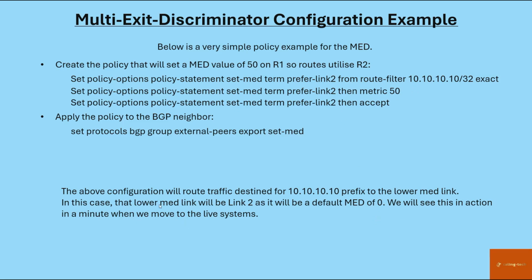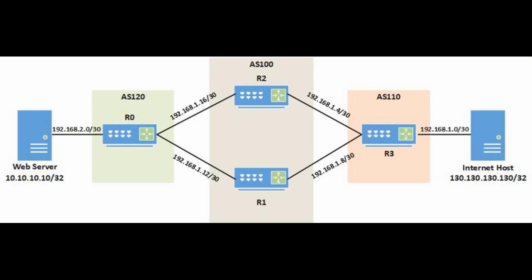So we'll see this in action in a minute, and it'll probably make more sense to you then, okay? So we're going to have a look at the topology that we're going to use in the live demonstration. Okay, here's the topology we're going to utilize. We'll leave it there for a few seconds, but you can obviously pause the video here to get the information from this topology.